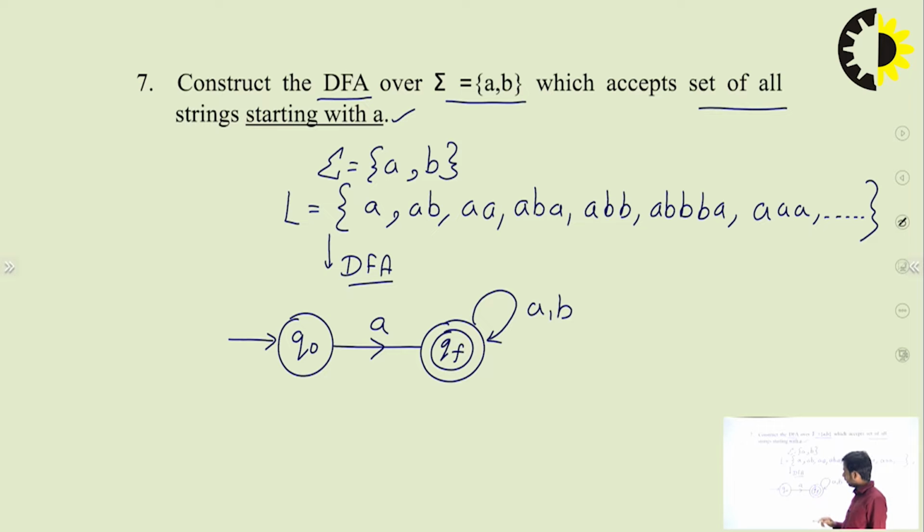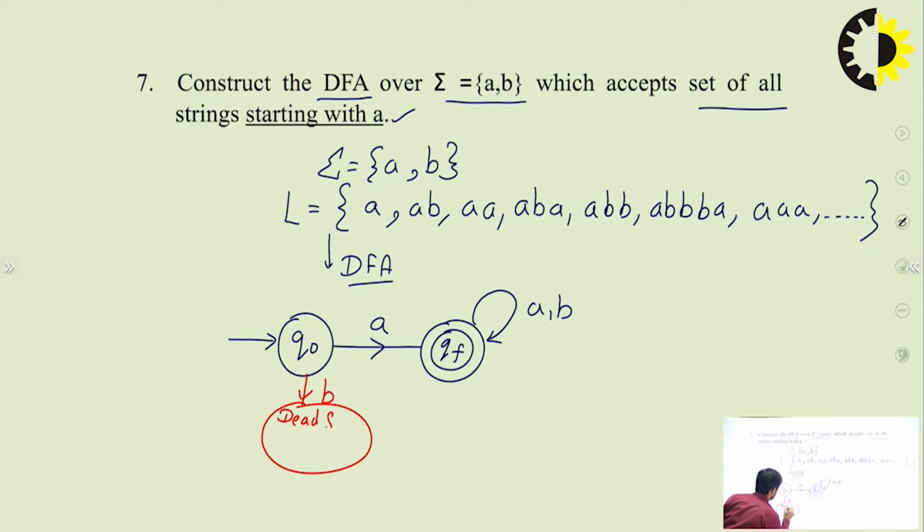Still this is not a DFA because at Q naught, b is not defined. If we apply b here, it will violate the condition of starting with a. So Q naught on input b goes to a dead state, or trap state.